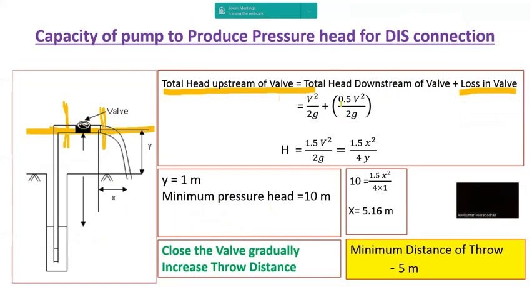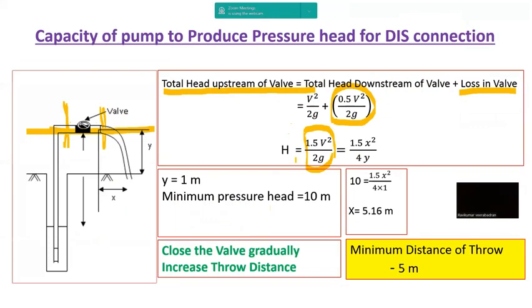And loss in the valve can be approximated to be 0.5 V squared by 2G. It's approximate only. So we get total head upstream of the valve to be V squared by 2G plus 0.5 V squared by 2G, which is 1.5 V squared by 2G. Let us take a small numerical example.